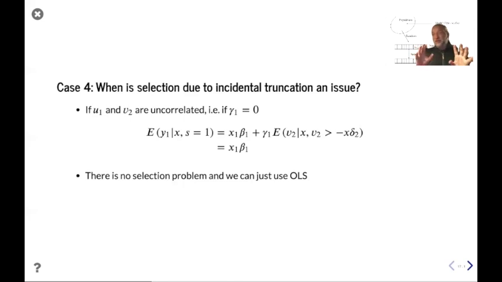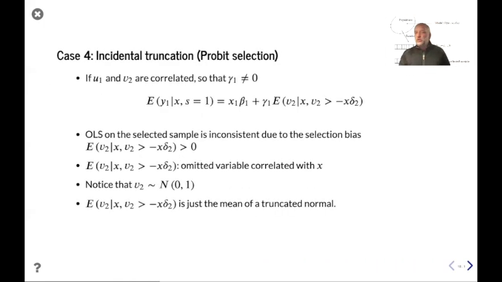Probably not a very sensible assumption, but in that case selection would not be a problem, because the last term really drops out, and we can just do OLS. So let's move on to the more realistic case, where these two are correlated. The same unobserved factors that explain whether you're participating are also the factors that explain whether you get higher wages. In that case, this gamma 1 would be different from 0, and then you're left with this part here that we have to deal with.